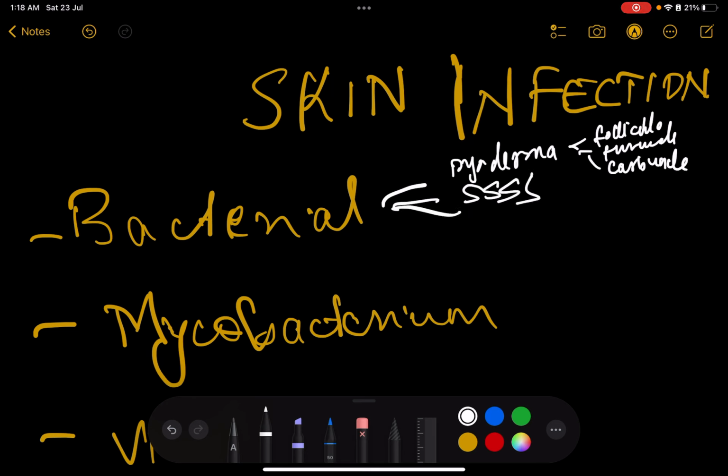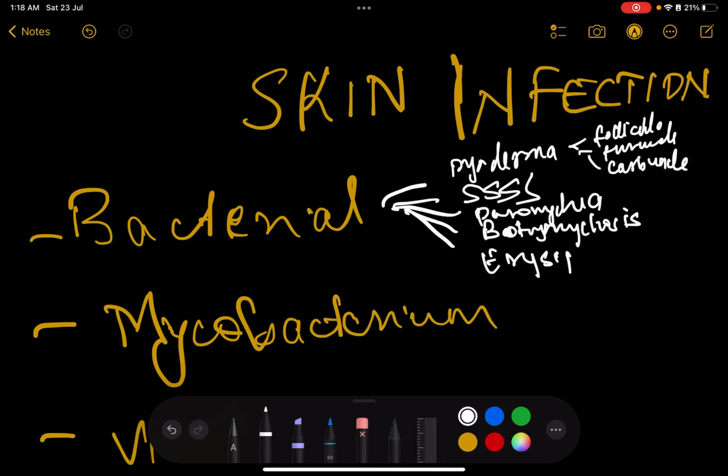What else could you have? You could also have paronychia. You could have botryomycosis, again something by Staphylococcus aureus, most commonly a chronic granulomatous inflammation. Or you could have erysipeloid. Erysipeloid is seen with a bacteria named after the disorder itself, Erysipelothrix rhusiopathiae.